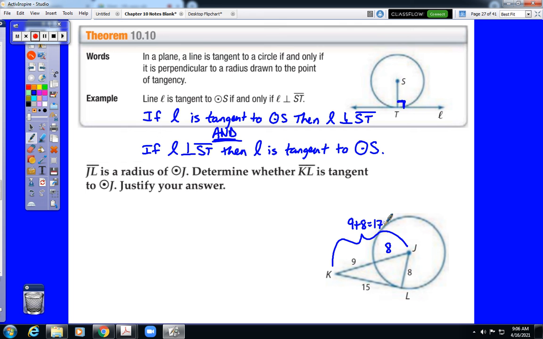So what we do is we check the Pythagorean theorem. The Pythagorean theorem would be 8 squared plus 15 squared, and we're checking to see whether or not that is equal to the hypotenuse 17 squared. So we run the check here on the Pythagorean theorem, and if it's true, the answer to this question is yes, KL is tangent to circle J. And if it's not true, if that fails, then it's no.